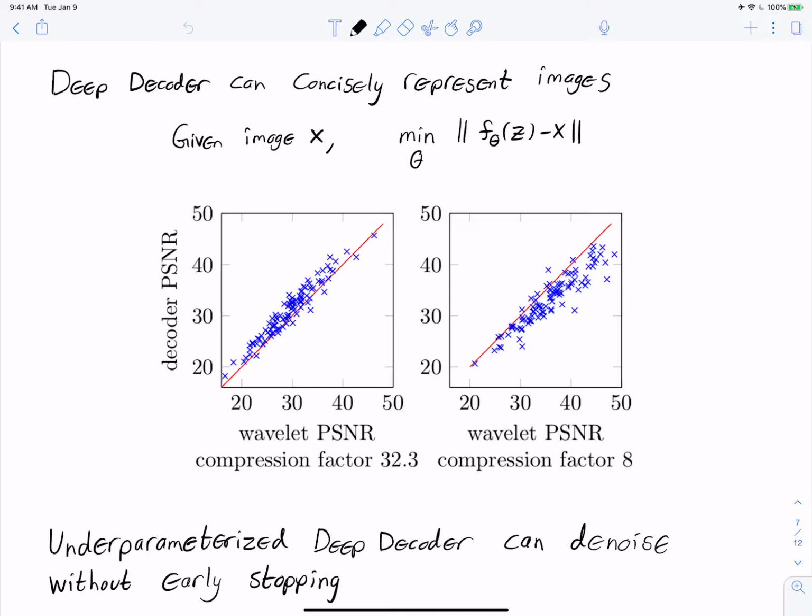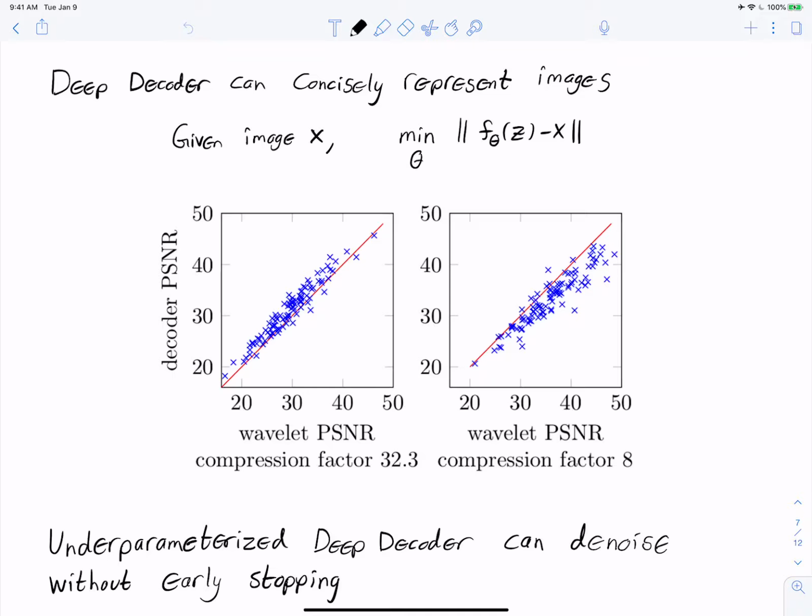There was some error that was recovered by that, and that's the horizontal axis, the peak signal to noise ratio under this top wavelet coefficient thresholding. Then the vertical axis shows the PSNR from representing the very same image using the deep decoder.